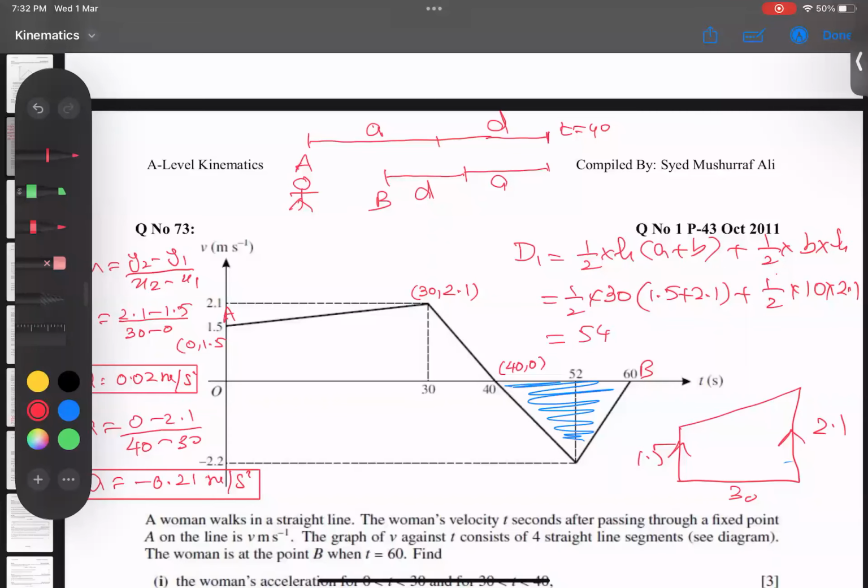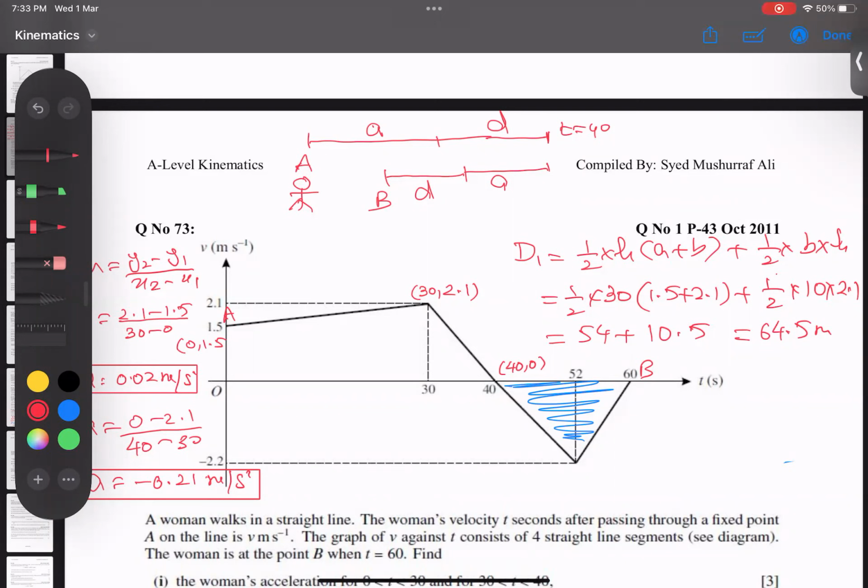So 54 plus the other one, half into 10 times 2.1, which is coming to 10.5. If I add 10.5 and 54, it is giving us 64.5 meters. One thing is very clear, students: while going away, the distance traveled by the woman is 64.5.